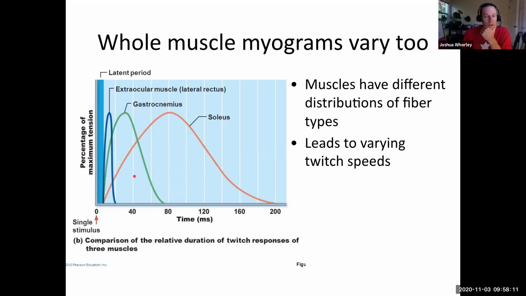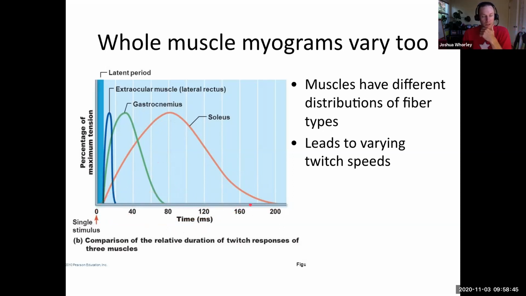Okay. So looking at the soleus, you hopefully will be able to say, the soleus must be filled with mostly type 1 and type 1,2A fibers, because its contraction phase is the slowest of any of these muscles, and its relaxation phase is the slowest. It takes, on average, about 200 milliseconds to complete a total contraction and relaxation phase, to complete one twitch contraction of the muscle fibers of the soleus muscle.